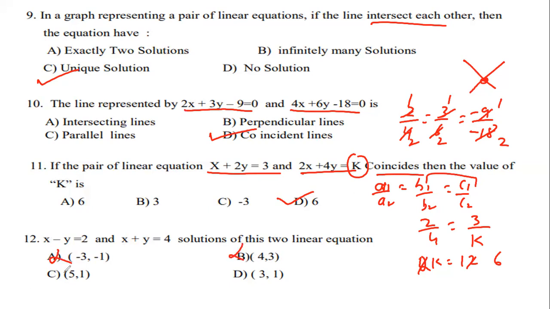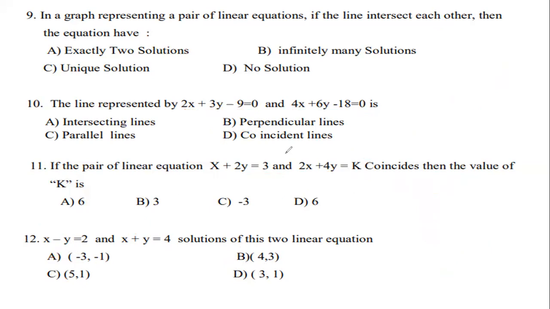Check for this one. 5 minus 1 is 4, so this is also wrong. Check for this one. 3 minus 1 is equal to 2, 3 plus 1 is equal to 4. So which option is right for the 12th question? Option D is right. Next, go for the 30th question.